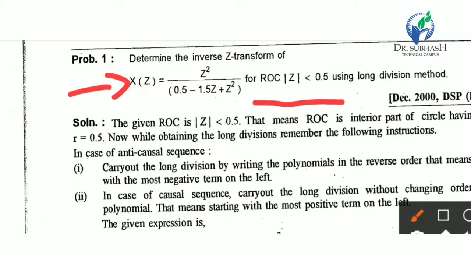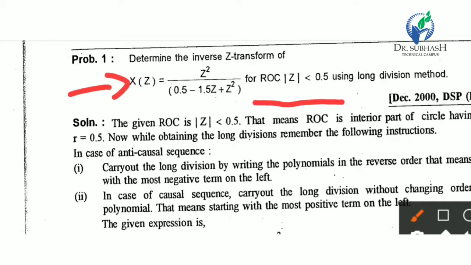So previous method. Directly, the solution is that the ROC is given by |z| < 0.5. That means the ROC is the interior part of a circle having radius r equal to 0.5.